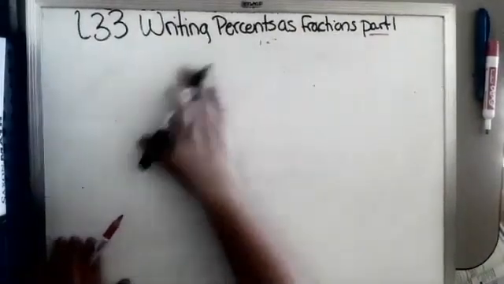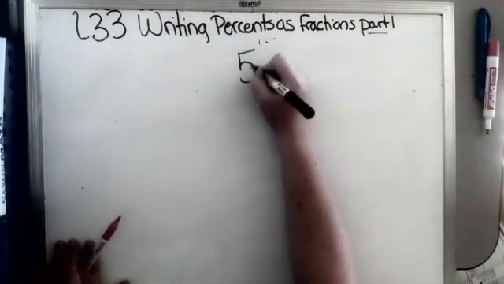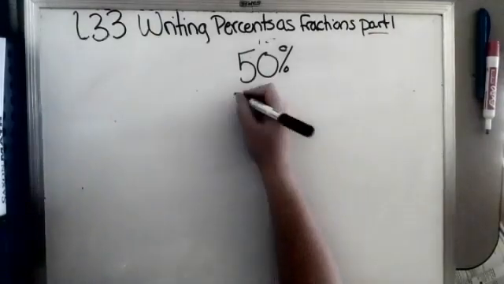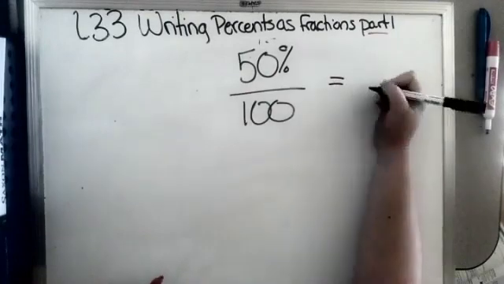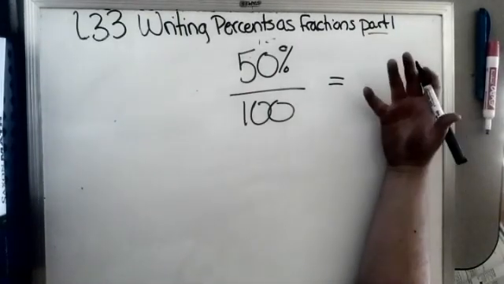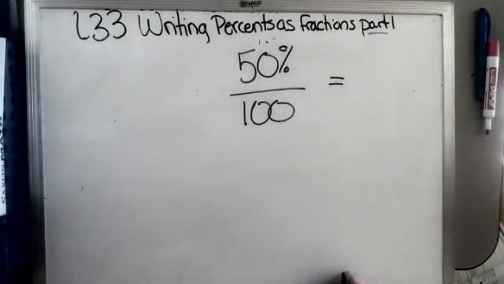Let's take a look at another one. What if I'm asking you for 50% as a fraction? Well, remember, percentages are just whatever that number is over 100. So 50 over 100. I'm going to divide both by their greatest common factor. Hopefully, you know what the greatest common factors are. Looking at this one, both of them can be divided by, let's say, 2.